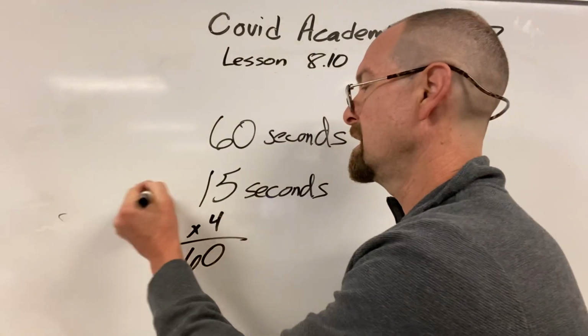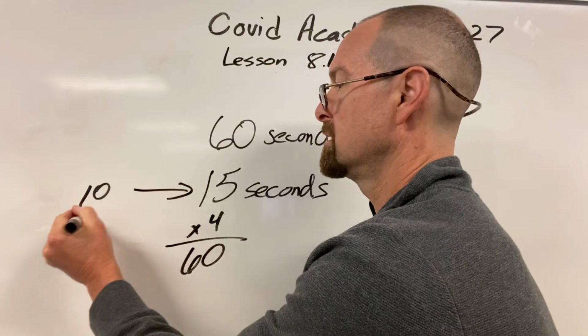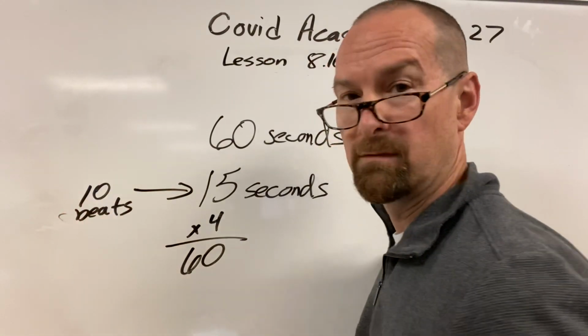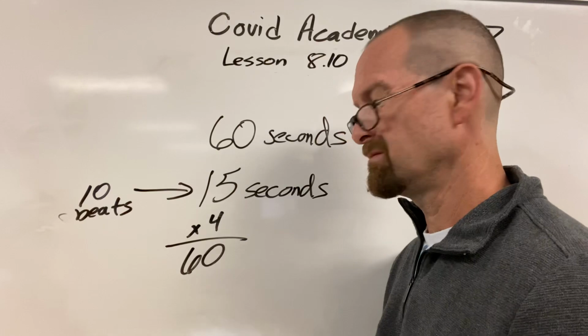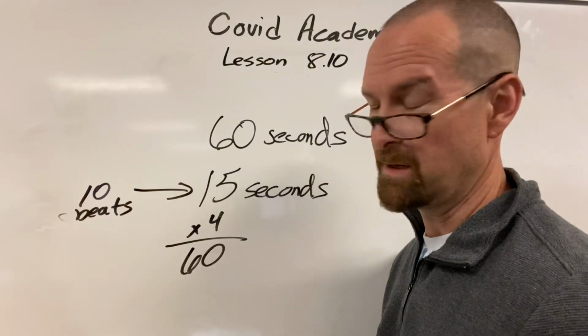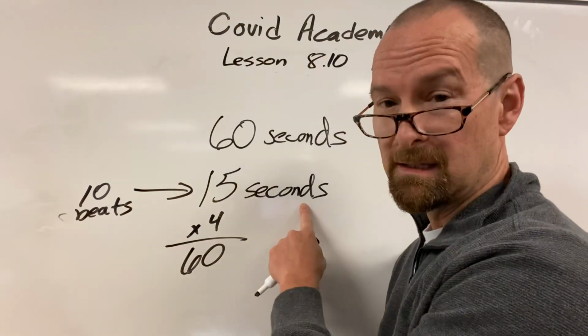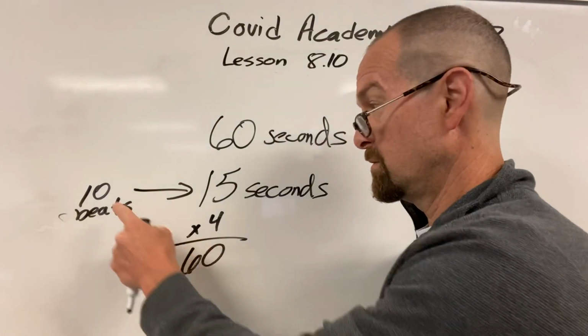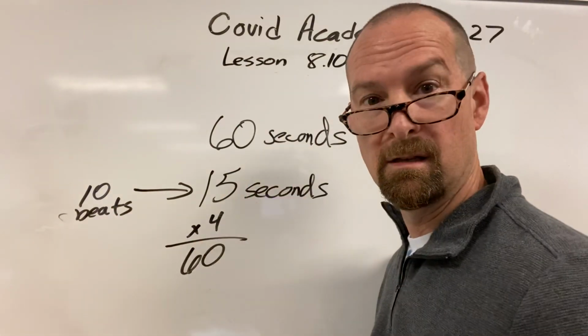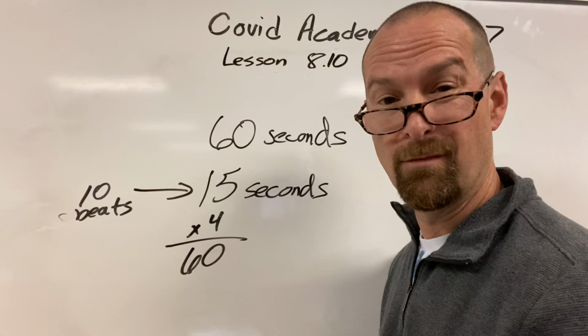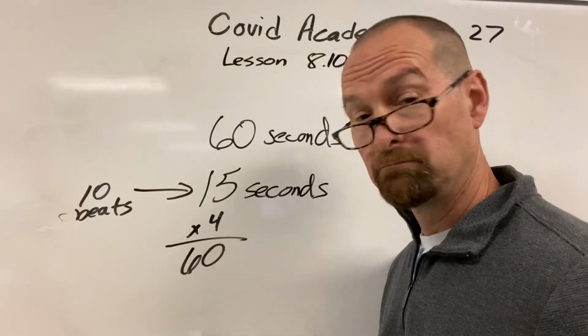So let's say you had 10 beats, which would be really quite slow actually. Just work with me. Therefore, it was 10 beats in 15 seconds. Therefore, it would be 10 times 4, 40 beats for every 60 seconds. So a 40 beat resting heart rate, pretty darn good.